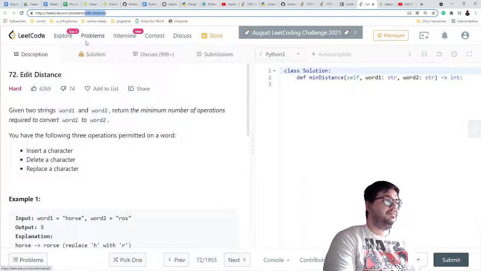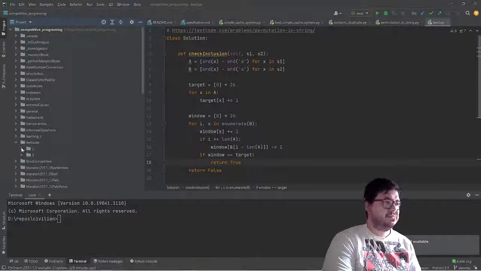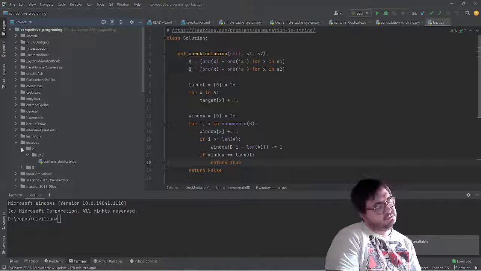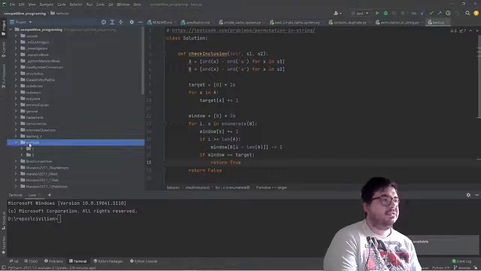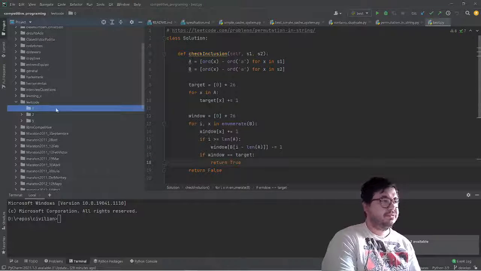Okay, so edit distance is 72. So 72 is 0.